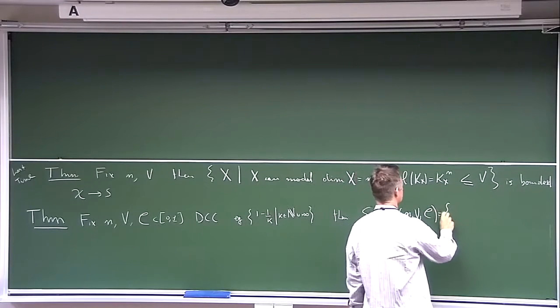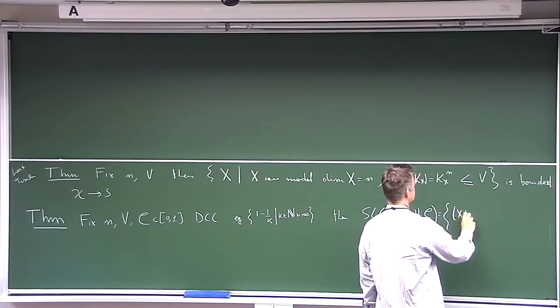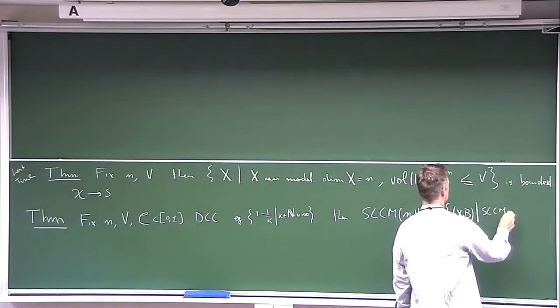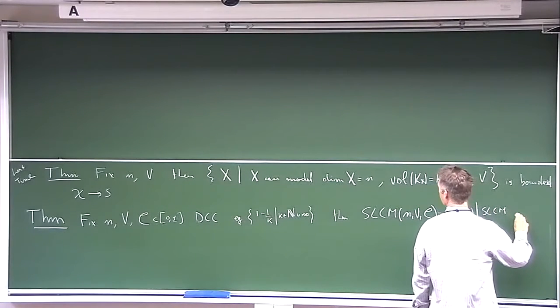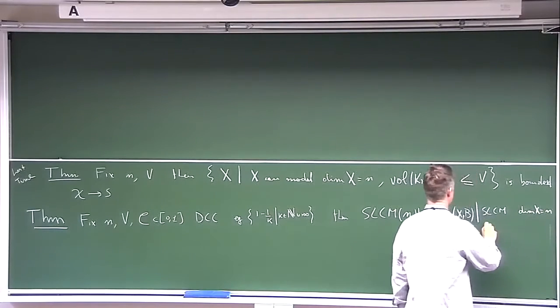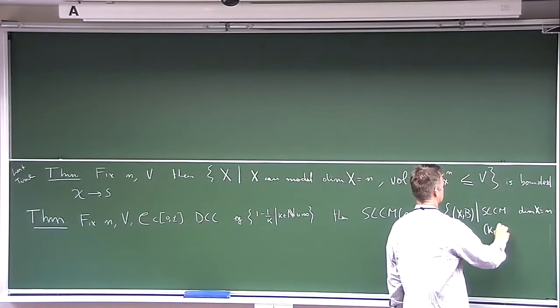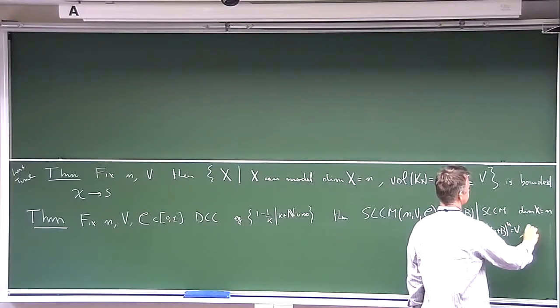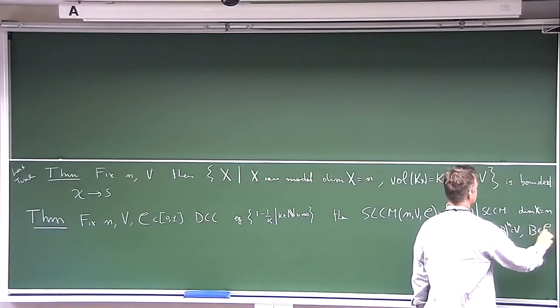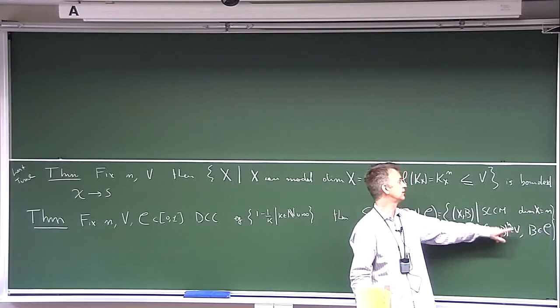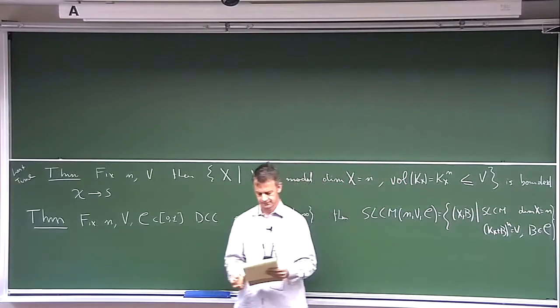This is the set of all pairs (X, B), which are semi-log canonical models of the right dimension, the right volume, and the coefficients of B are actually in this DCC set C, so the right coefficients. Notice that I'm actually fixing that the volume is equal to v, not less or equal to v.